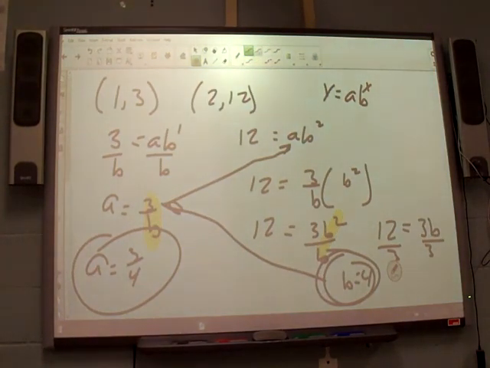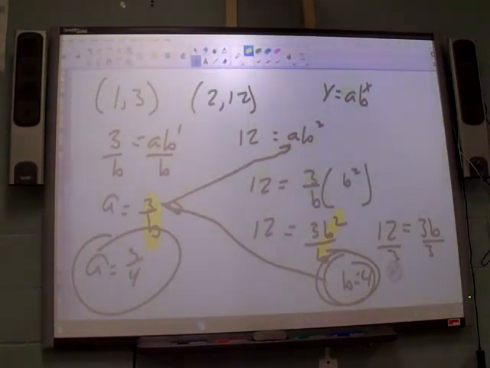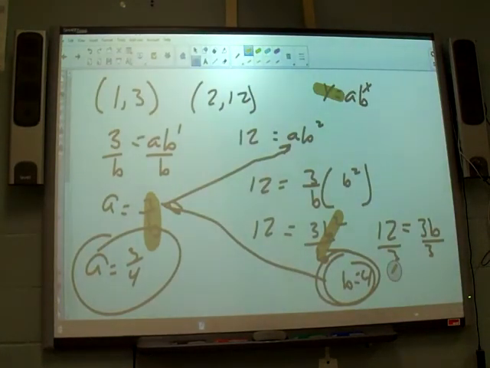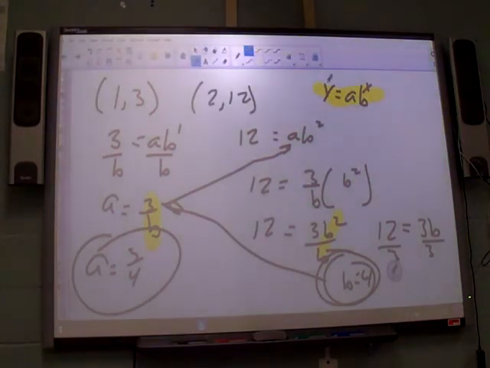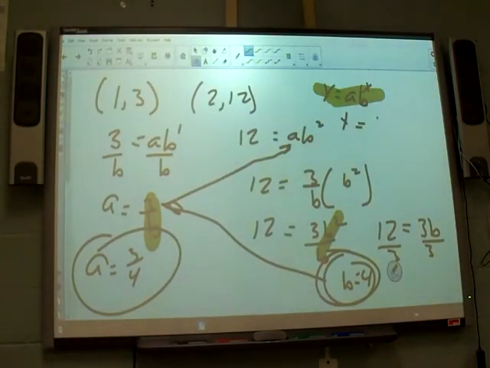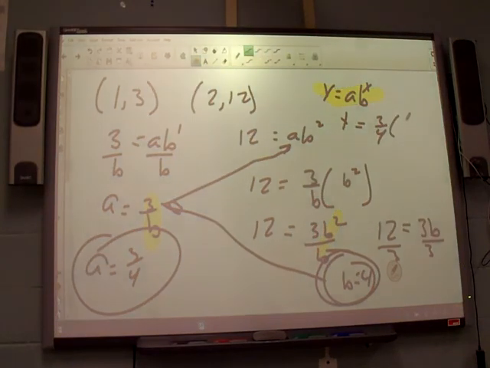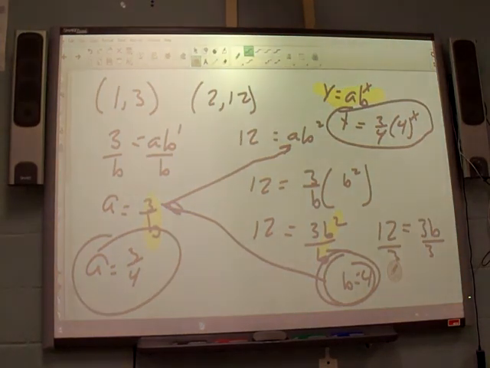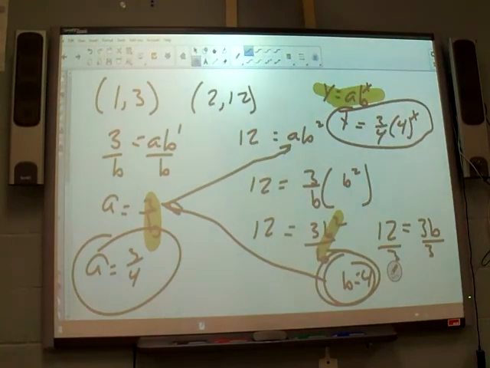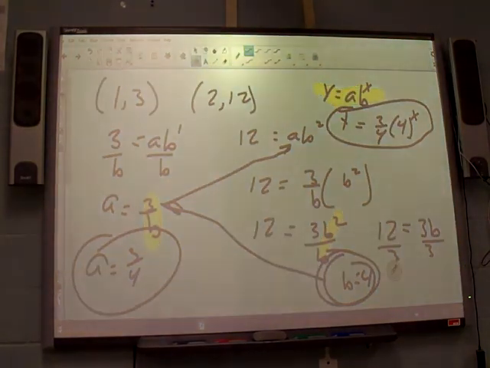Your final answer comes from plugging it into the original up here. So we're going to say Y equals 3/4 times 4 to the X. Very good. And you don't multiply those A and B together. Anybody know why? It's that exponent.